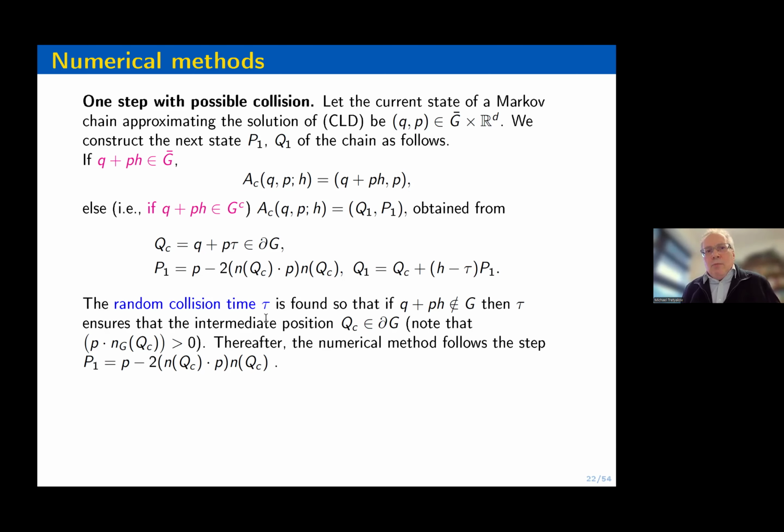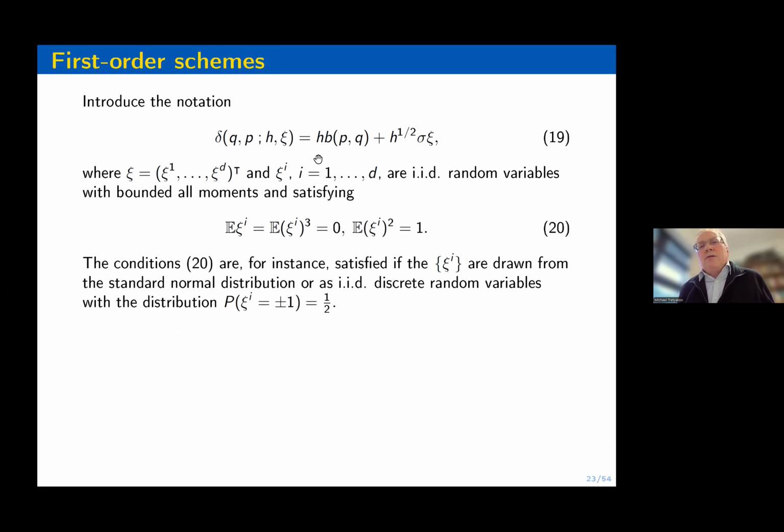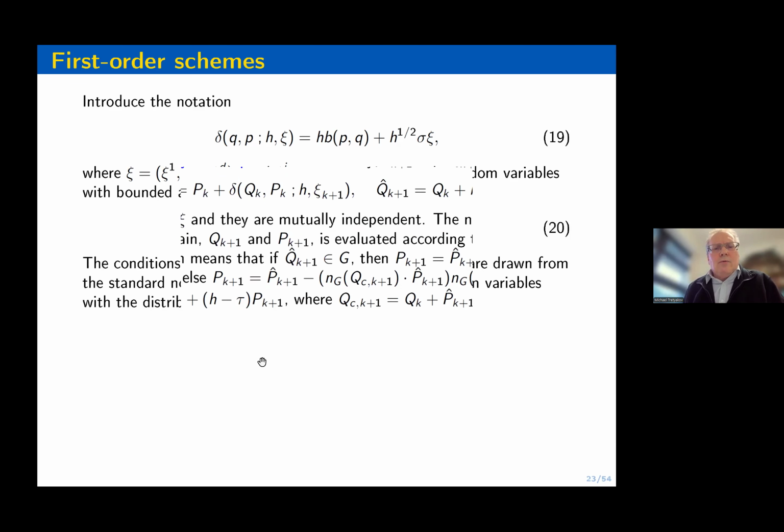Now we need to combine this with approximating the other bits of the Langevin equation, and we do so by approximating the B and the Wiener process just using the Euler scheme. And this xi, we can think of as a Gaussian random variable with zero mean and unit variance. This I will now concatenate with the collision step. So we are using these ideas of splitting, and we have two conjugate schemes.